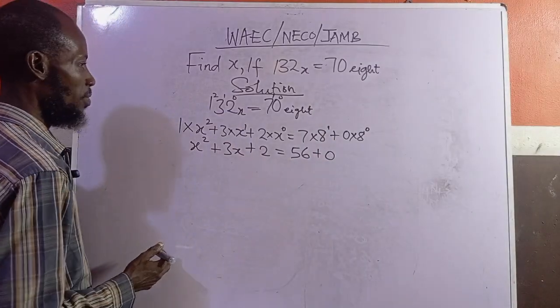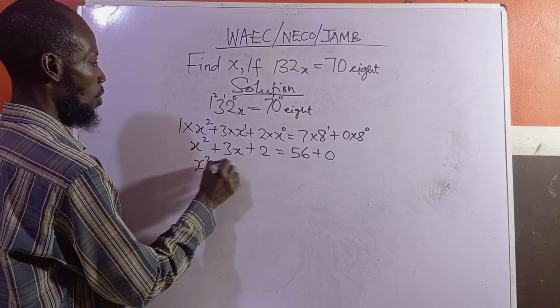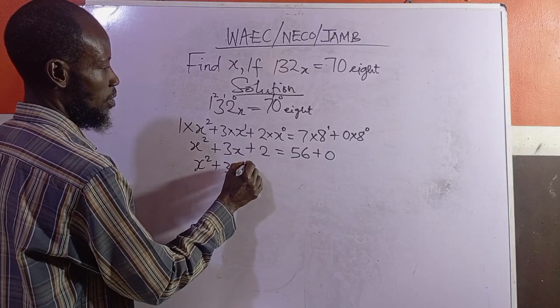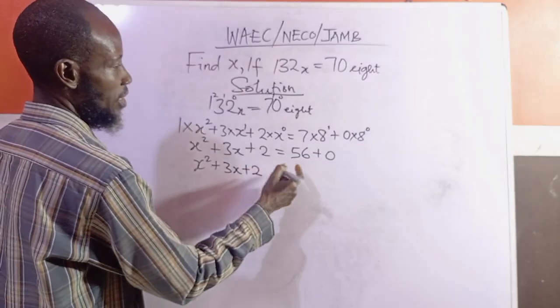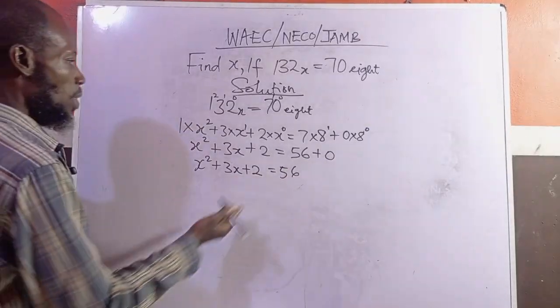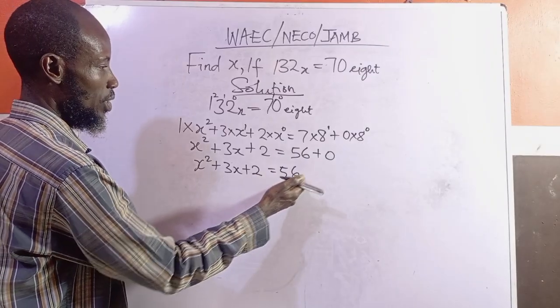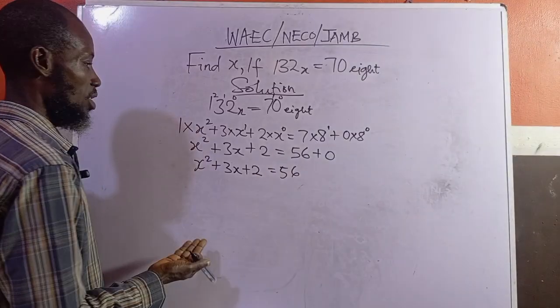So from here, we can now say x squared plus 3x plus 2. Then here we have 56. So now we move this to the left hand side, so we equate everything to 0.